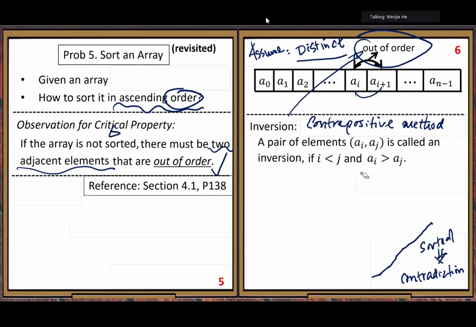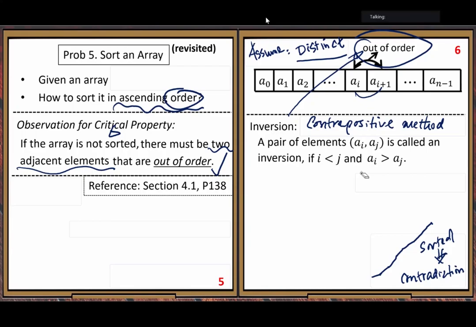If the two inequalities are in the same direction, then that's ascending order, the in order case. We don't need to do anything on the right order pair. Let's just go to the next step.